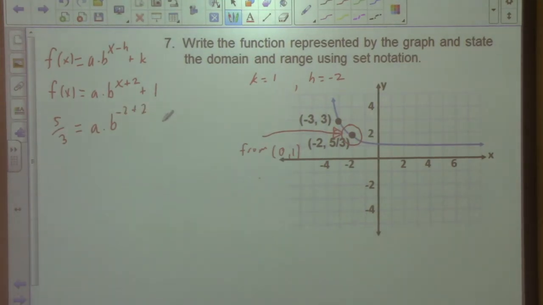And then over here we put plus 1. What's -2 plus 2? 0, right? So we have b to the 0 power. So what we've done is we have the right number to reduce all this to 1. So we have 5/3 equals a plus 1.